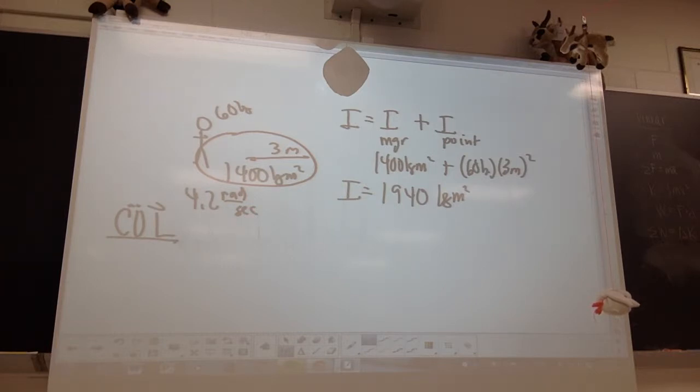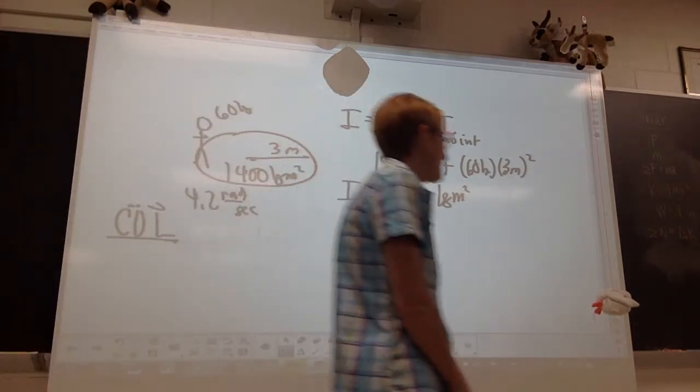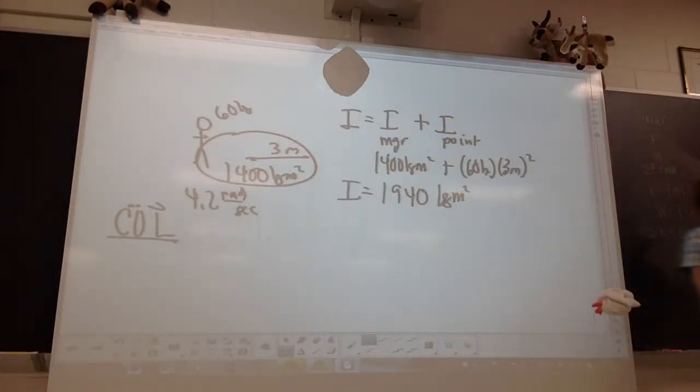Conservation of L. What does the L stand for? Angular momentum. L is angular momentum. What's linear momentum? P. All these letters, I don't know why they do it. I apologize on behalf of physics.